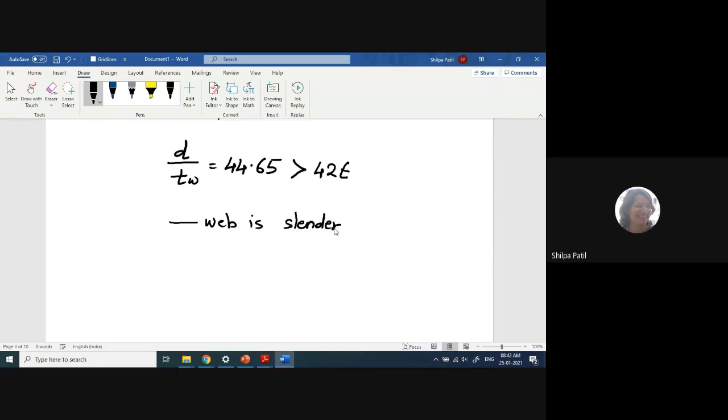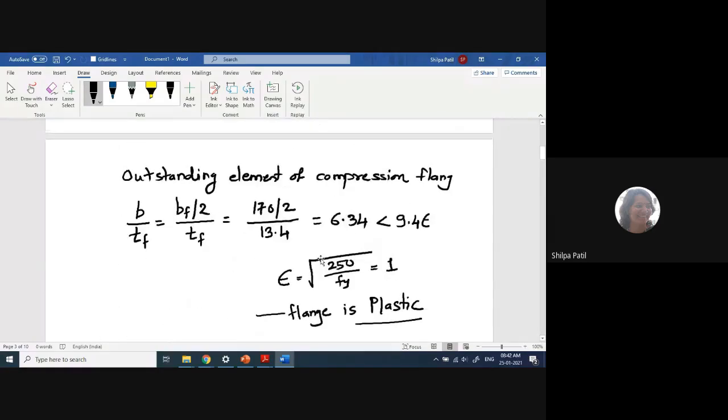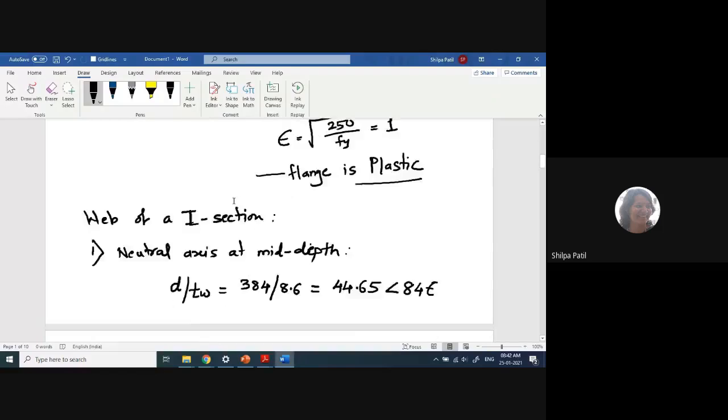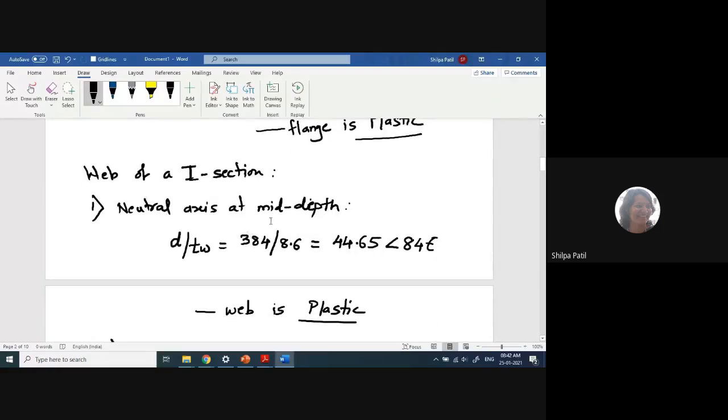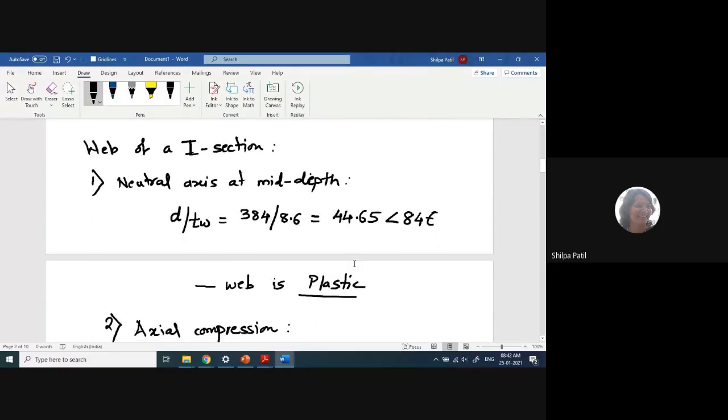Now when we consider both parts of the given section, the section has flange and web. Flange is plastic, and when the section is being used as a beam, the web is plastic. So the overall class of the section for a beam is plastic.